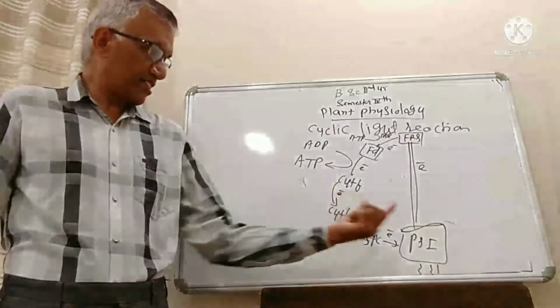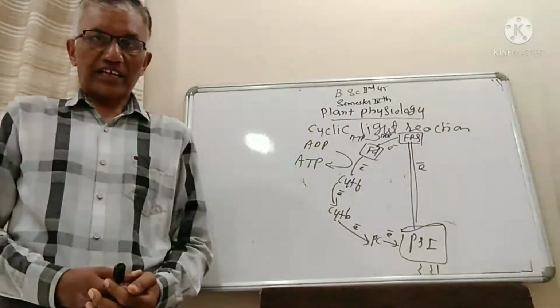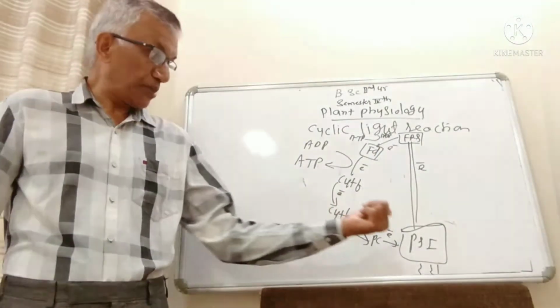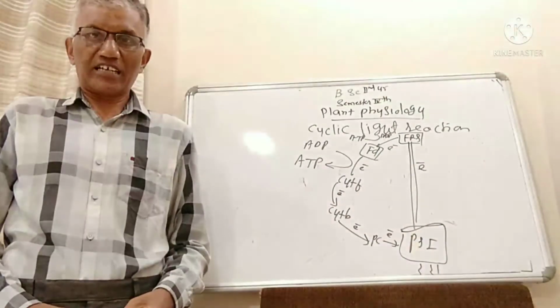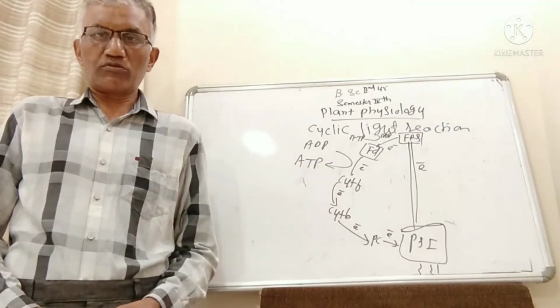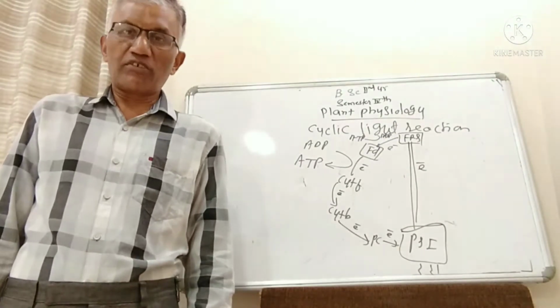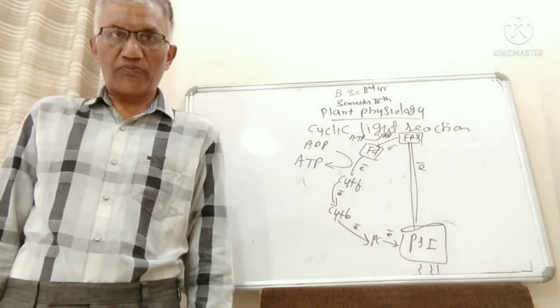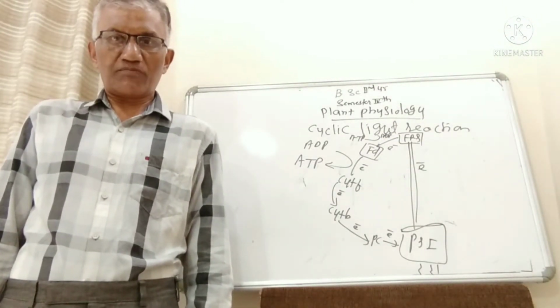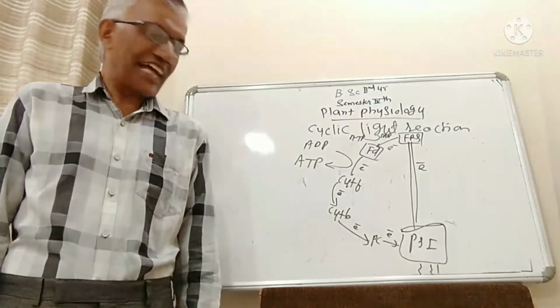Already I have mentioned that in cyclic light reaction and cyclic photophosphorylation, only pigment system 1, that is a group of chlorophyll molecules which has the capacity to absorb a ray of light having a wavelength more than 700 angstrom, only one photosystem 1 is activated.